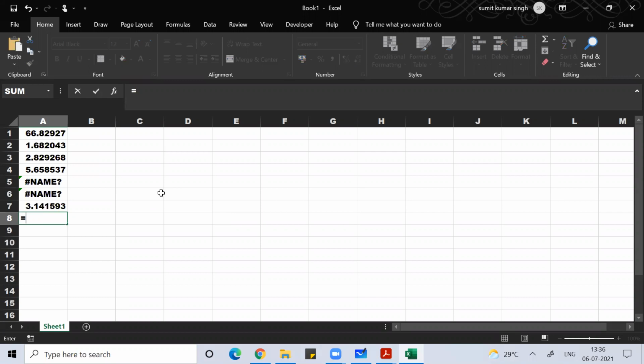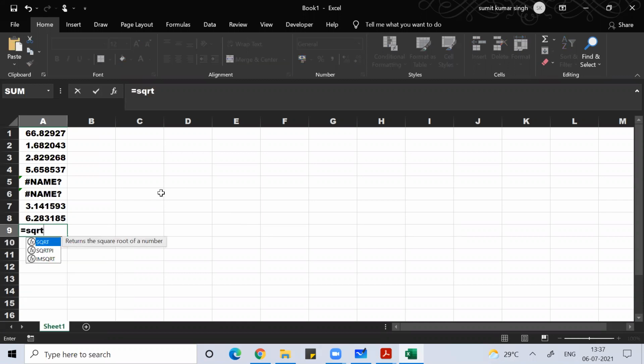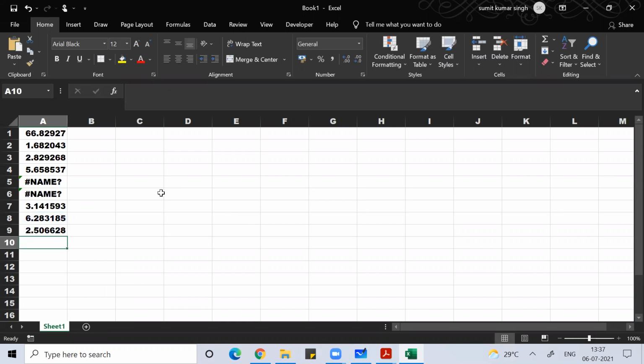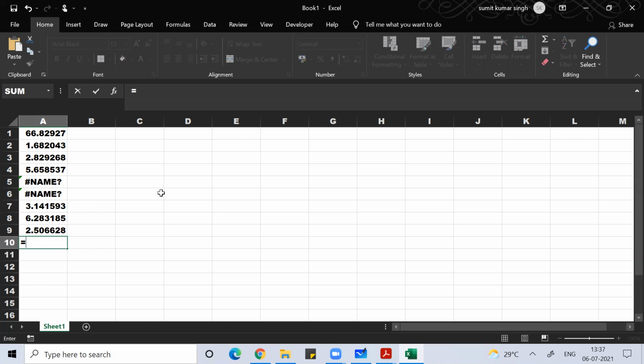If I find the square root of 2 pi, first let's do 2 pi. Then the square root of 2 pi, into standard deviation, into square root of 2 pi.